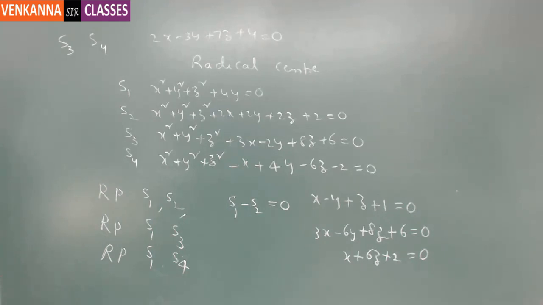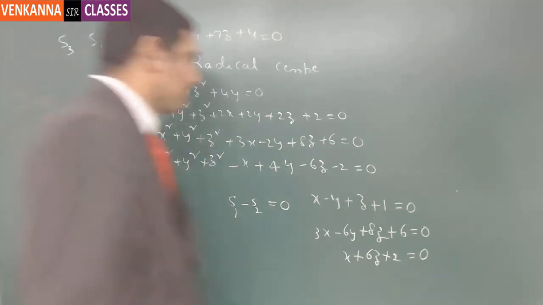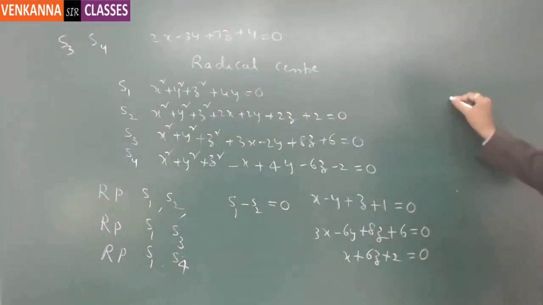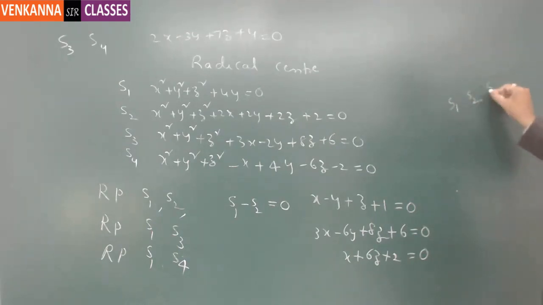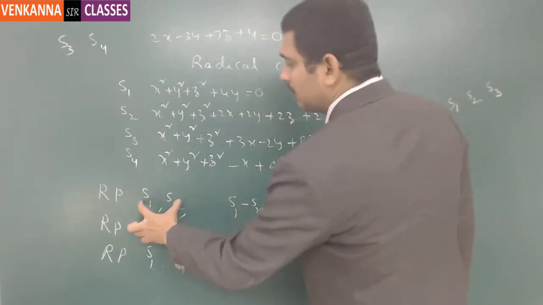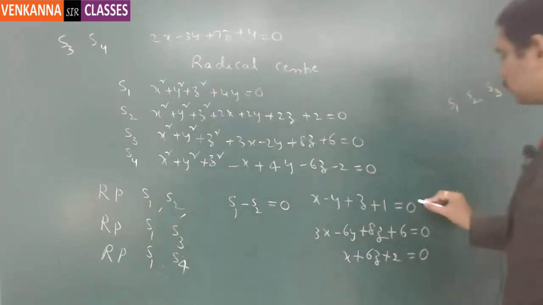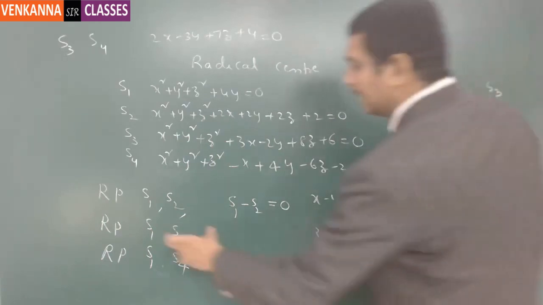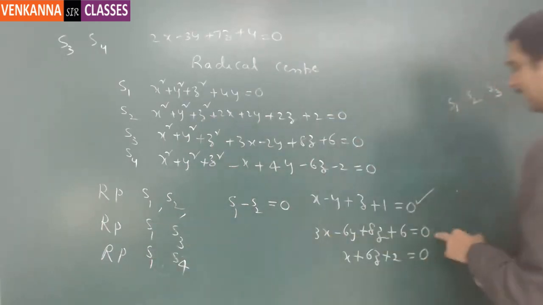So if you want to write radical lines, if you fix the 3 spheres S1, S2 and S3, what are the respective radical planes? It involves S1, S2, so we will take this. It involves S1, S3, so we take this.